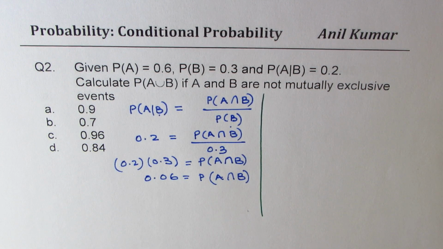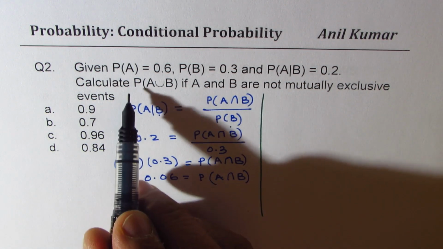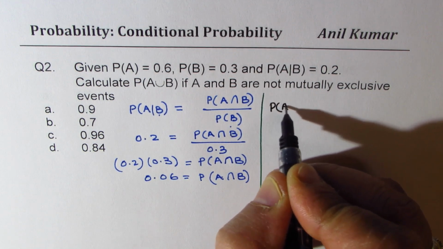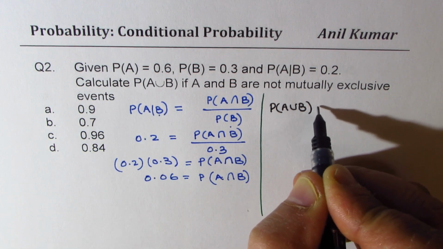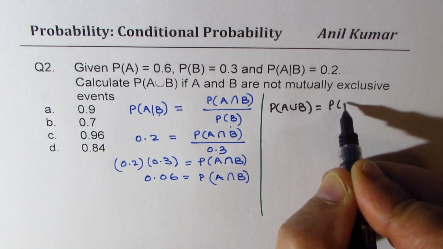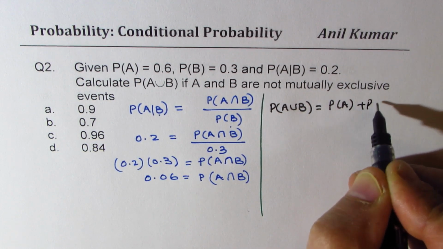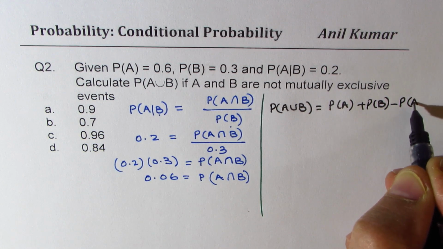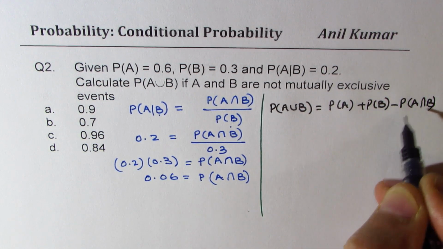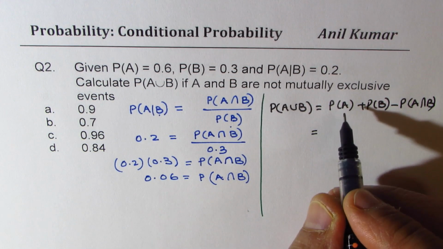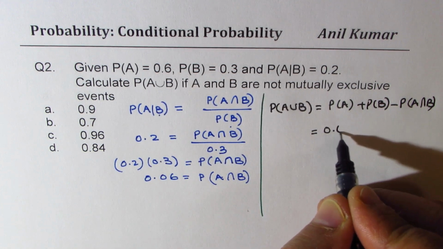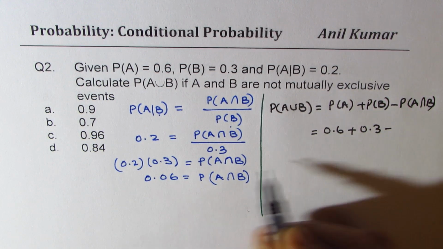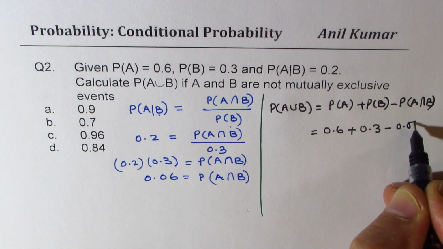Now we need to find the probability of A or B, the union. So probability of A or B is probability of A plus probability of B minus probability of A and B, right? Because that is counted twice. So we know probability of A is 0.6, probability of B is 0.3, and we'll take away 0.06.